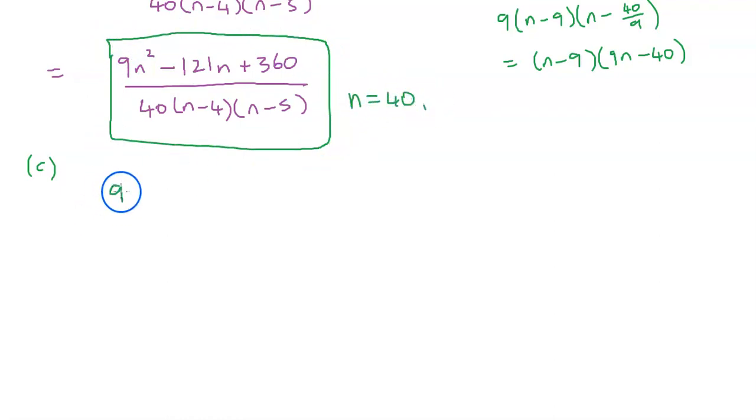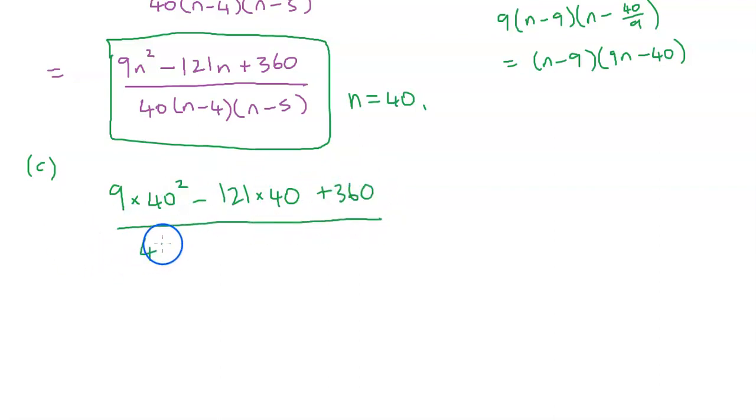And so 9 times 40 squared minus 121 times 40 plus 360 divided by 40 times 40 minus 4 times 40 minus 5. And I get 62 divided by 350.